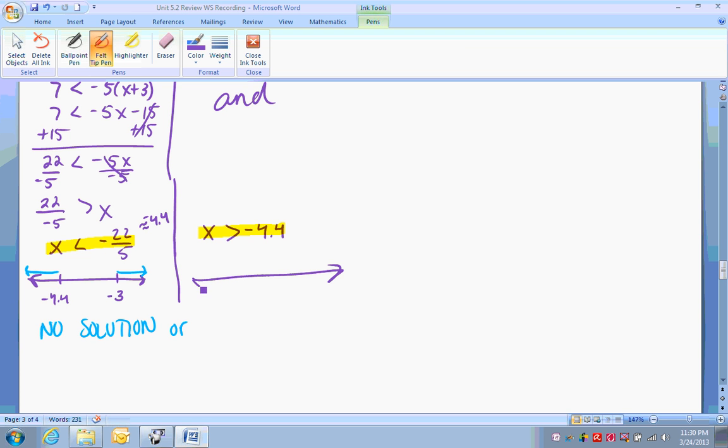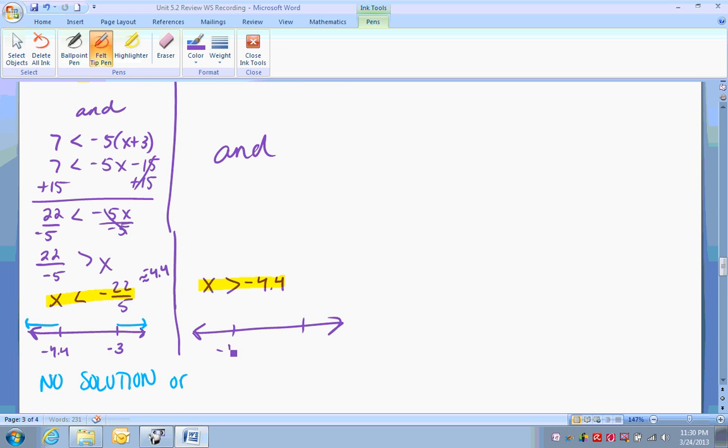So we draw a number line, and we put negative 4.4 and negative 3. And then we shade. X must be less than negative 3, and x must be greater than negative 4.4. And where both of those things are true is in between.